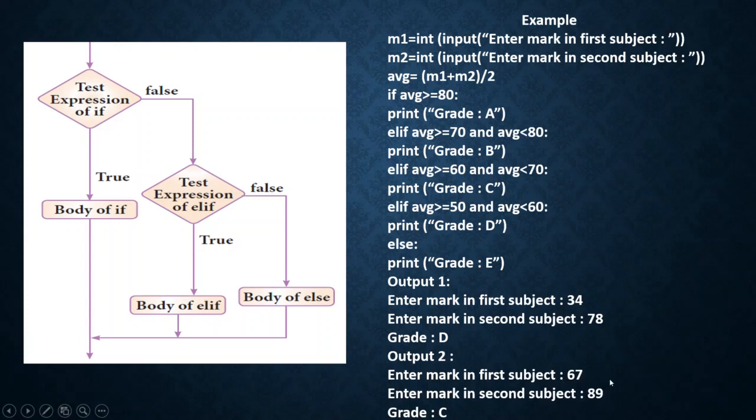When we check the average, it comes between 60 and 70, so the grade is C. In the first example, the average is between 50 and 60, so you get the grade D. And in the second example, the average is between 60 and 70, so you get the grade C.